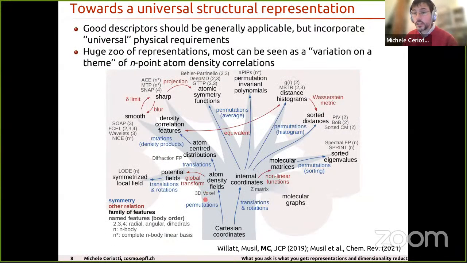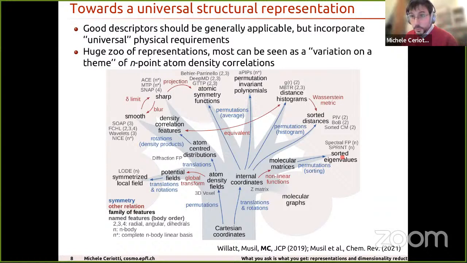So if you actually look at the past 10, 12 years, the number of distinct frameworks that have been proposed to perform these tasks of mapping Cartesian coordinates into vectors or kernels or distances is huge. And this is from a recent review that we have written, and this is just a small selection of descriptors and features, and basically you can easily find probably several hundreds.